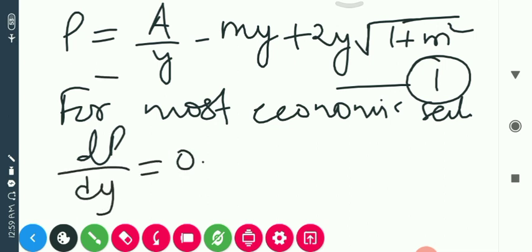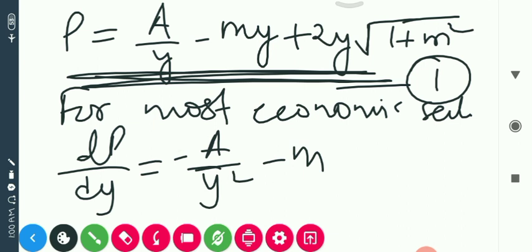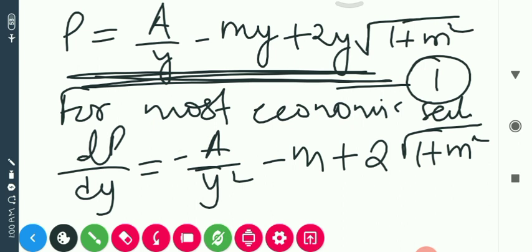Differentiating, we get dP by dy as minus A upon y square minus m plus 2 into under root 1 plus m square.